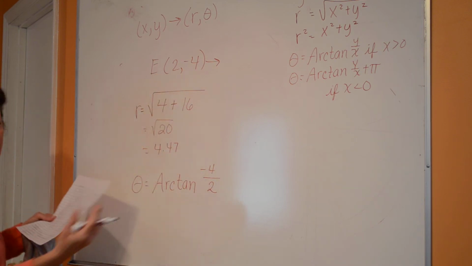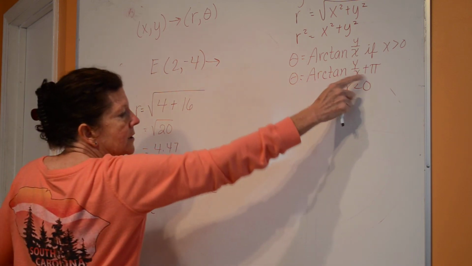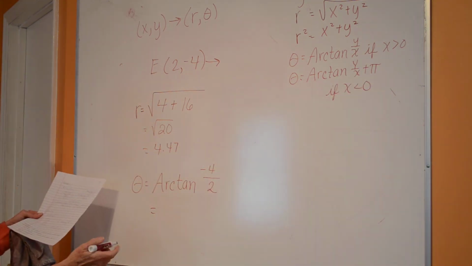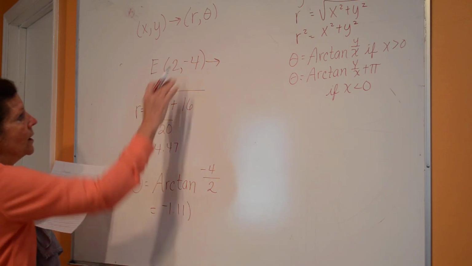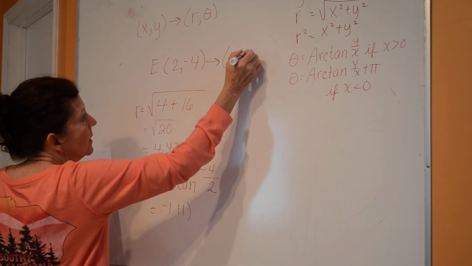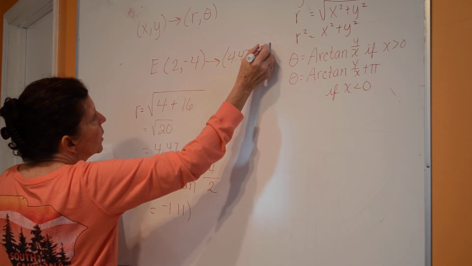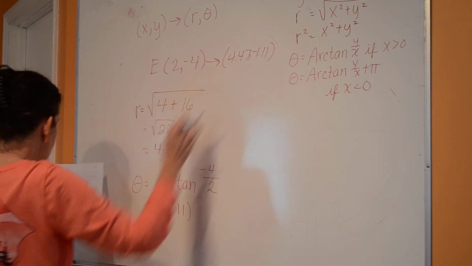Now this time my x is not negative, so I just leave it just like that. I don't have to add pi to it, which only happens when my x is negative, and that's going to give me a -1.11. So this compares to 4.47, -1.11 on the polar. So rectangular to polar.